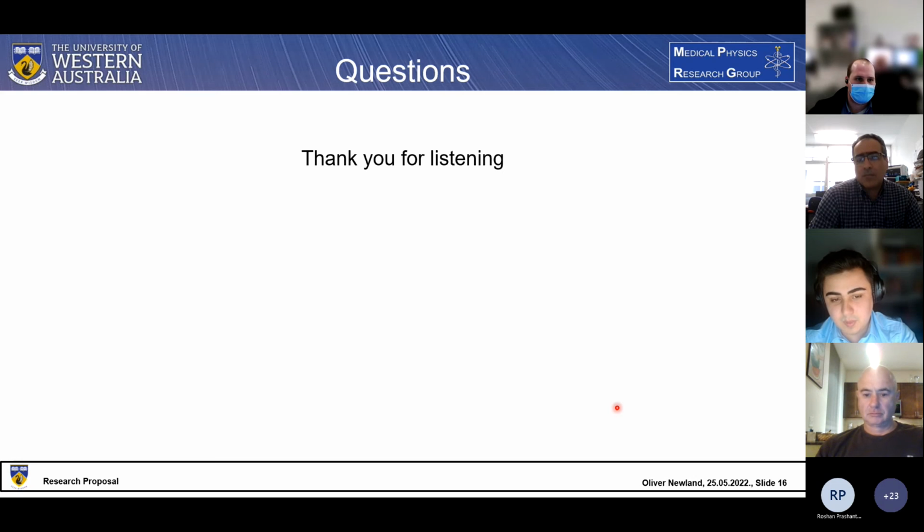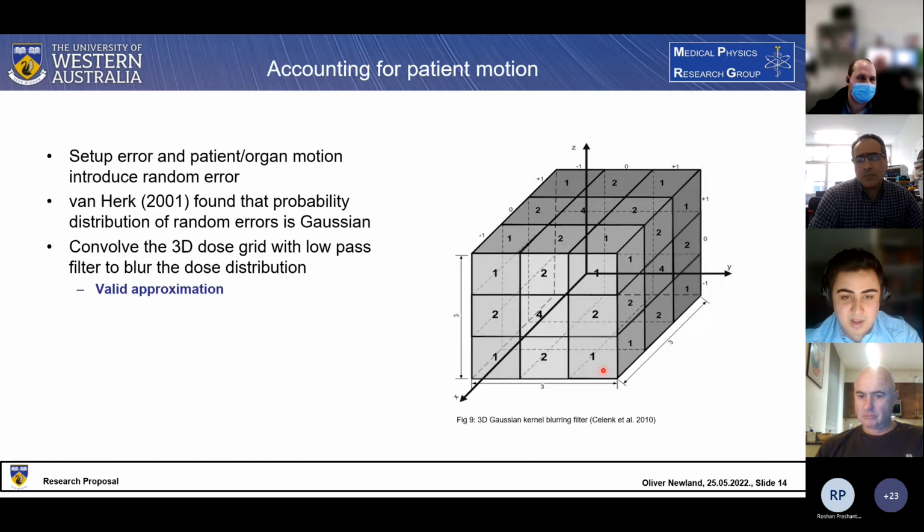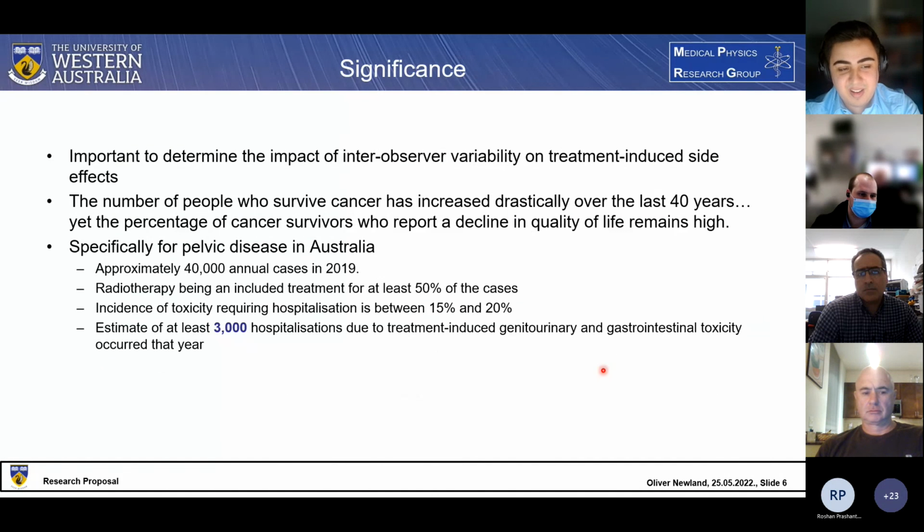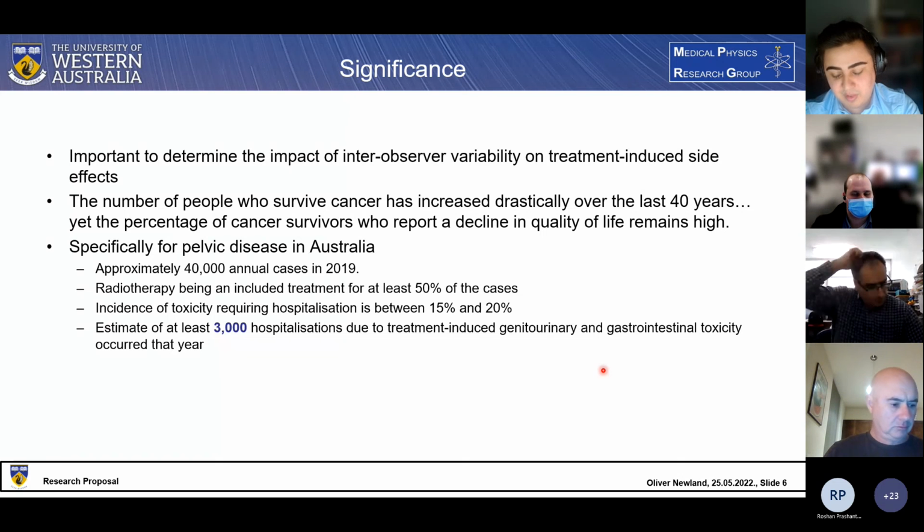I've got a question. Oliver, great presentation. Can you comment on the significance of your project? Of my project? Okay, so basically, we're looking at new ways to quantify this interobserver variability.